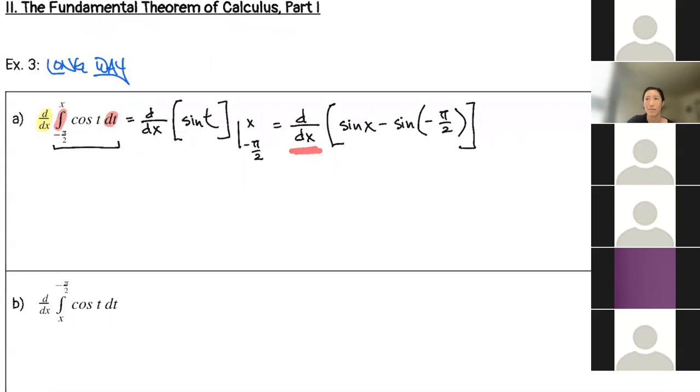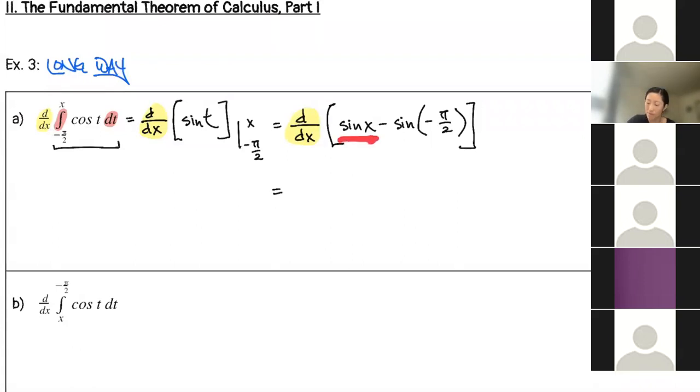Now we take our derivative. So we've taken the integral, and now we're going to take our derivative. I know that when I take the derivative of a sum or a difference, I just take the derivative of each piece and then I add or subtract them.